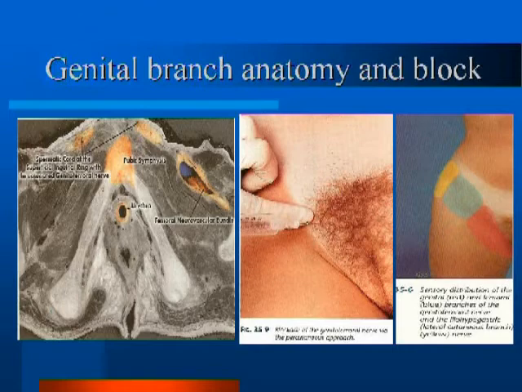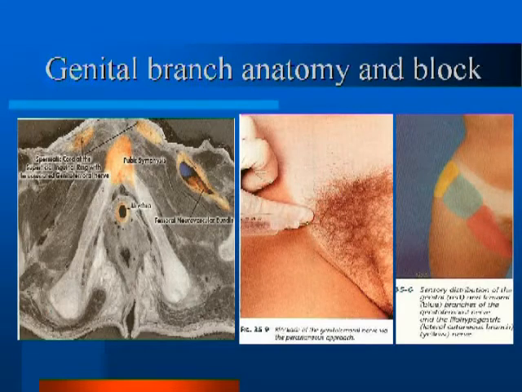However, where does the genital branch lie? It lies in two areas. There is an inguinal segment, but there's also a preperitoneal segment. There is nothing in the literature that substantiates, when you perform the block as shown here, that there is any medication that gets to the preperitoneal area.